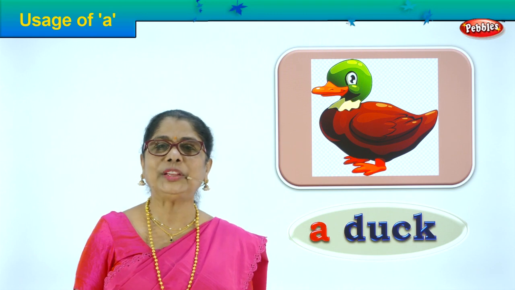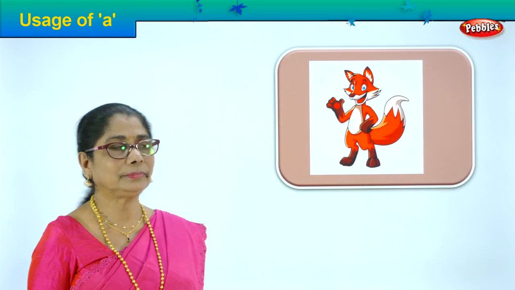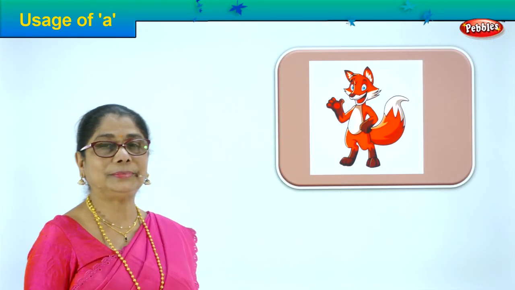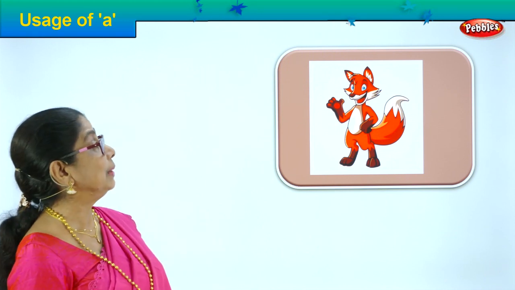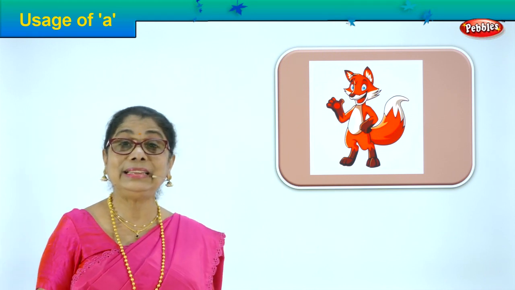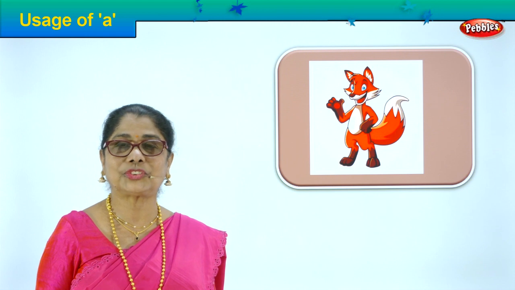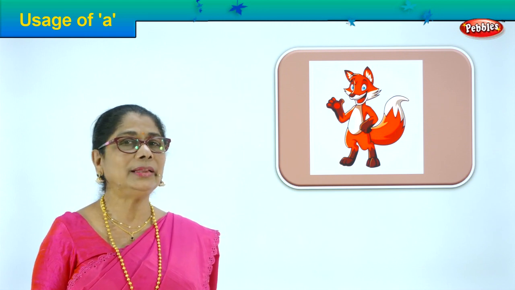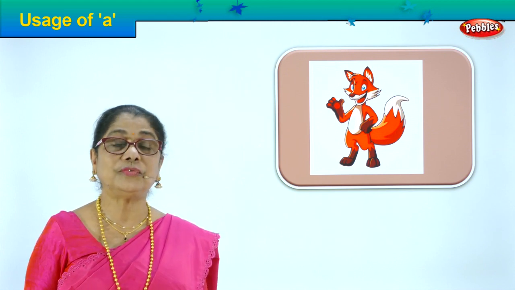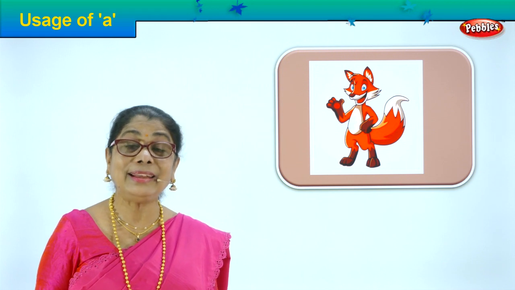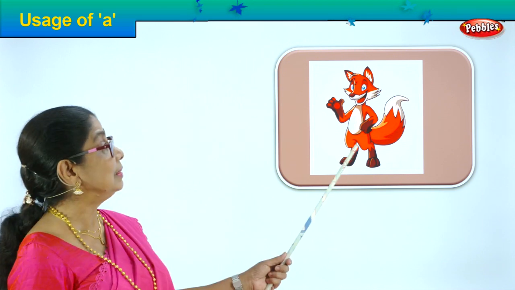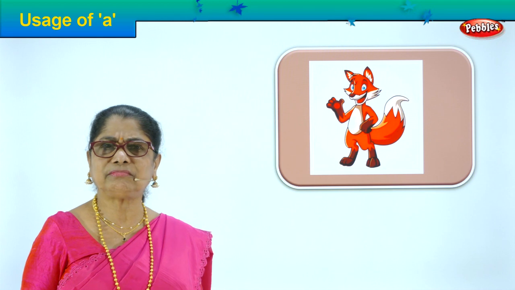Let's go to a new picture. See what you have here. He's smiling, but this is a cunning little fox who tried to do mischief with Little Red Riding Hood. This is a cunning fox.